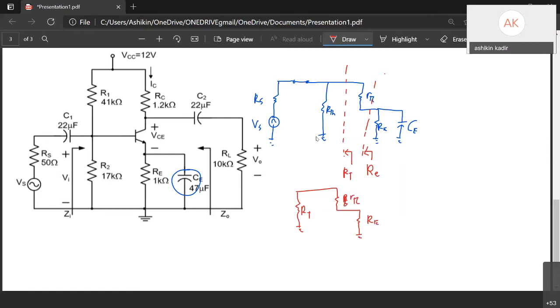So RE is equivalent to RT, this is series, RT plus R pi divided by beta plus 1.